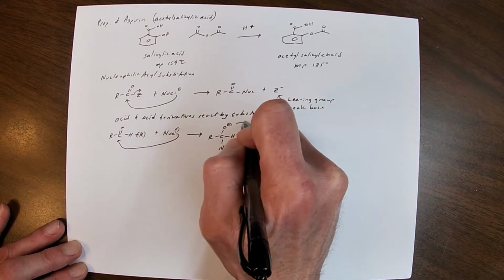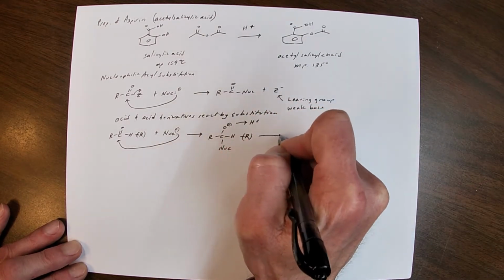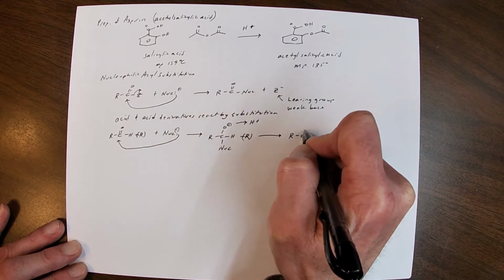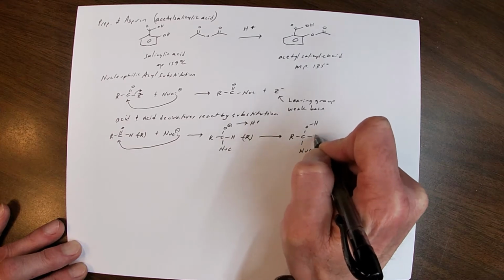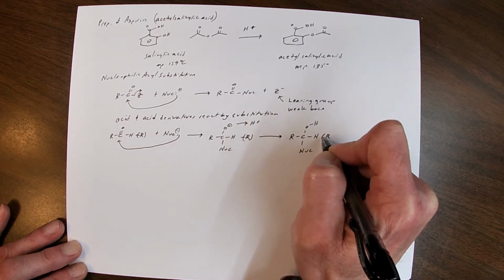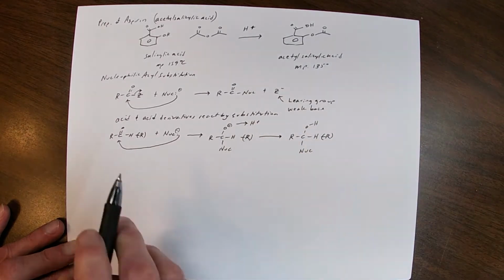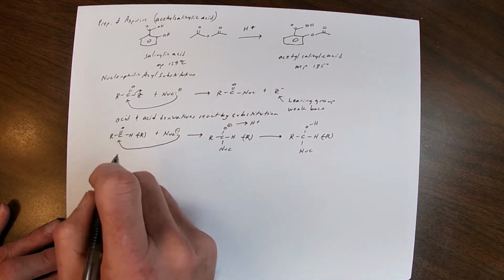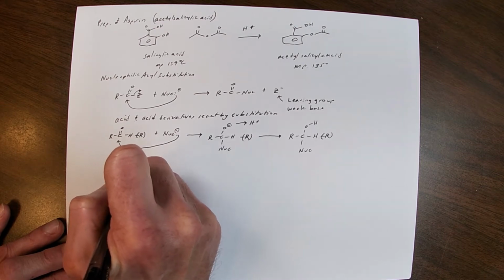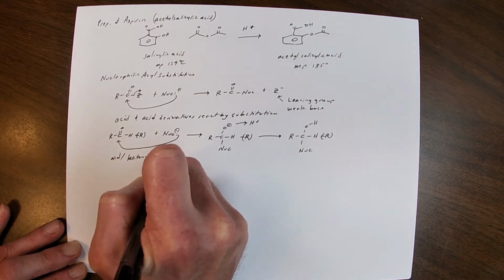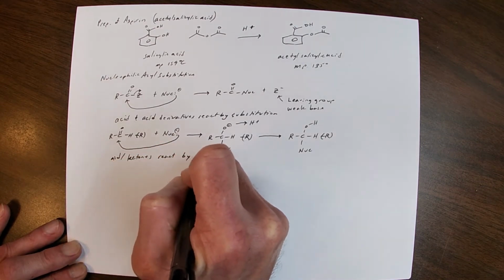So what we do is we protonate at this step. And the overall reaction is that we're adding the nucleophile plus a proton across the pi bond of the carbonyl. So again, aldehydes and ketones react by addition.